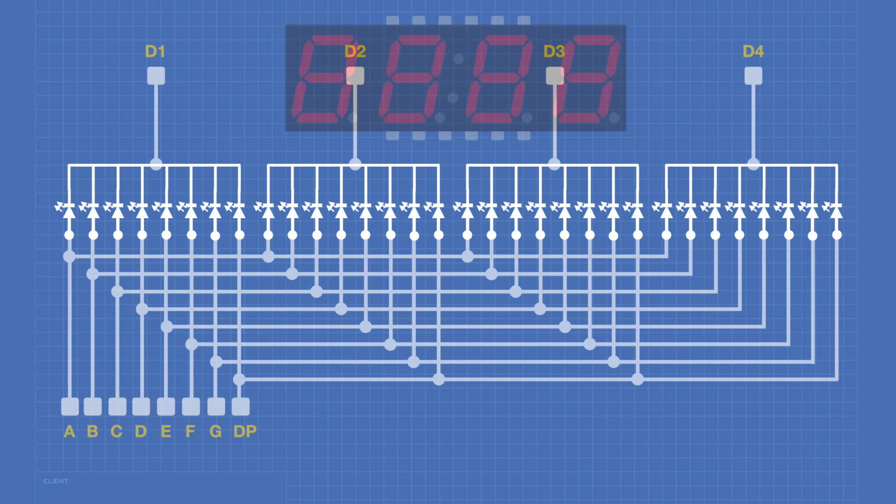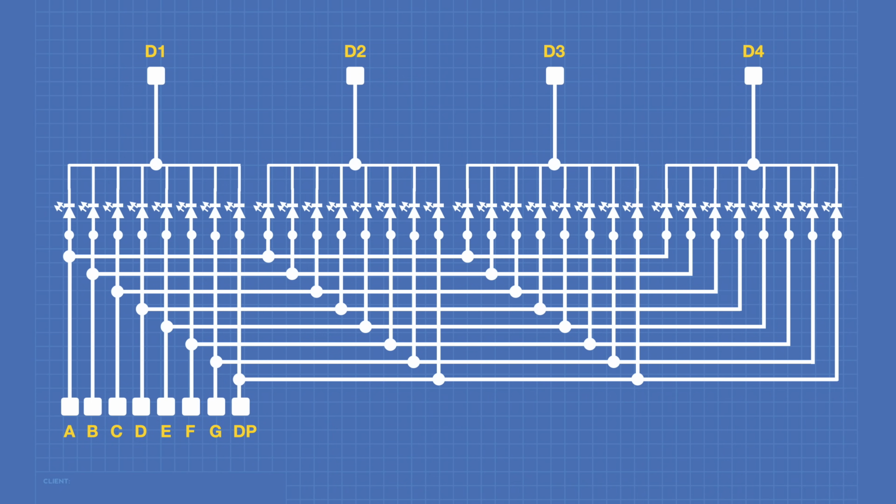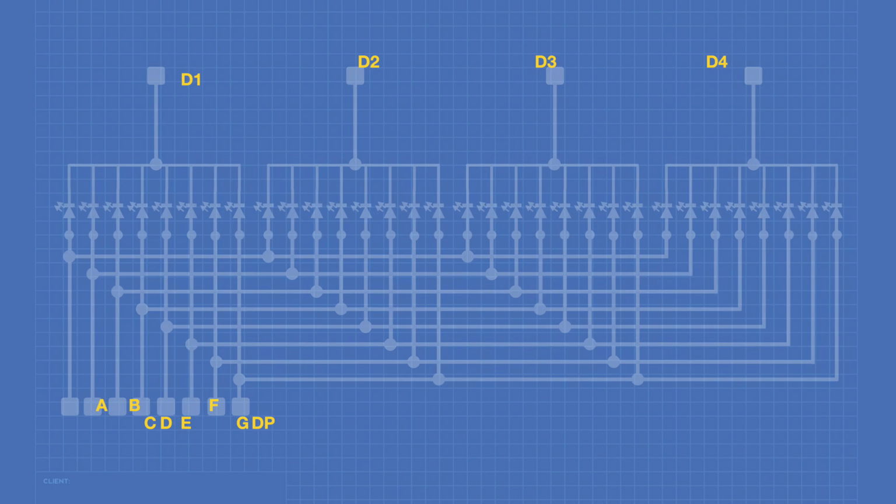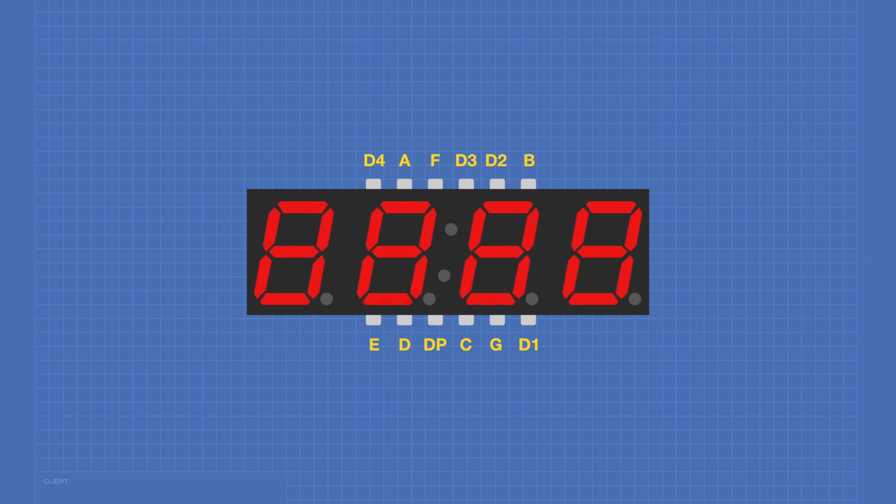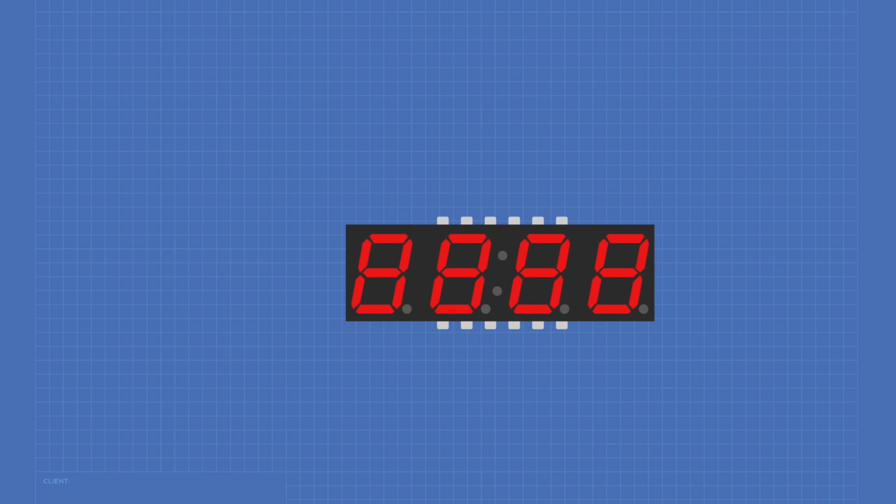The 4 LEDs are connected as shown here, with all of the segments connected together. The common lead for each of the LEDs is brought out to a connection for digit 1, digit 2, digit 3, and digit 4. Now here's the pinout on our display module. As always, I would check your spec sheets for your display module to make certain that it's identical.